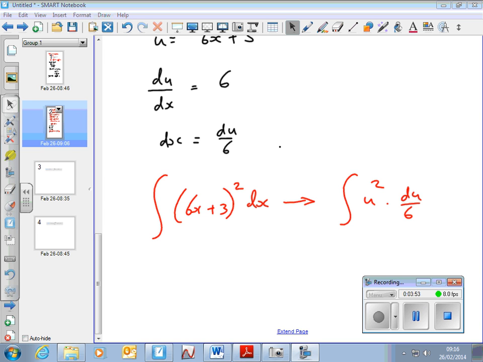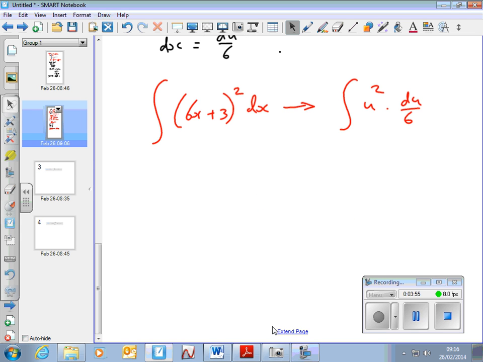What we can do now, which we've talked about in the past, because this over 6 is constant, is take that outside the integral. So at this stage I would probably rewrite that as 1 over 6 times the integral of u squared du. So I take that number 6 outside of the integral.